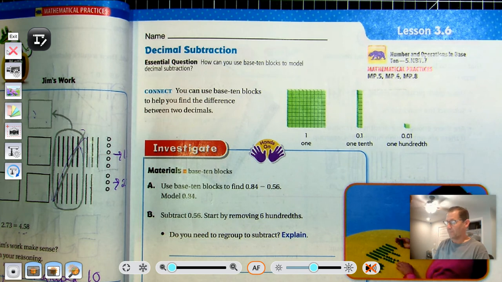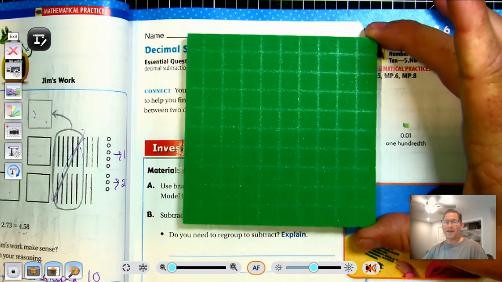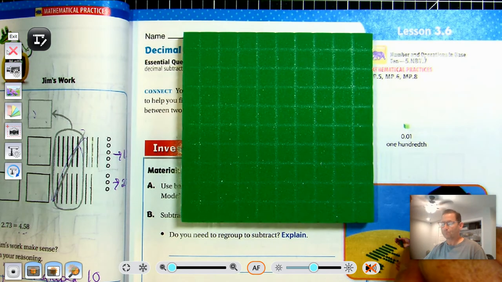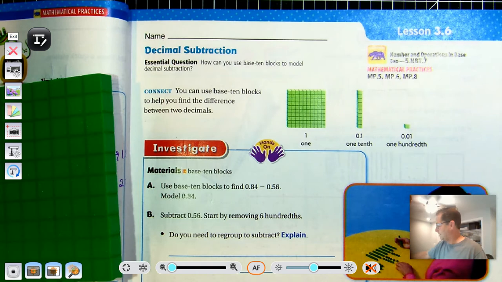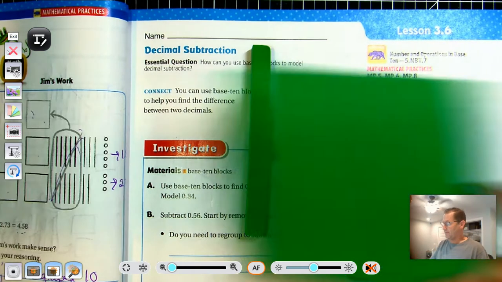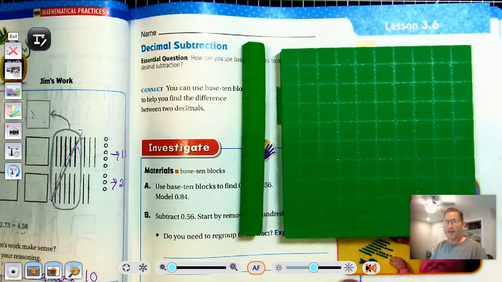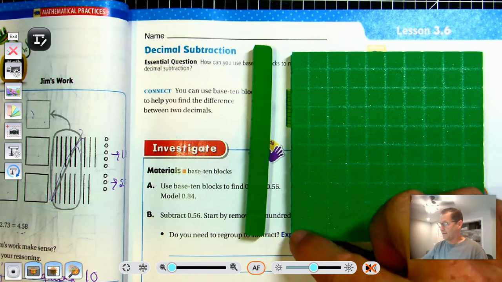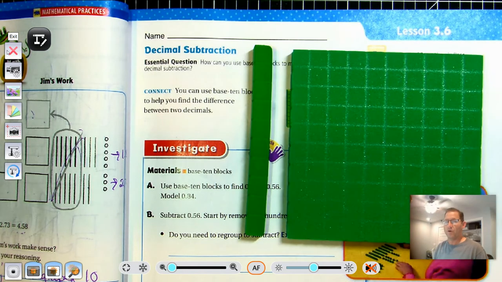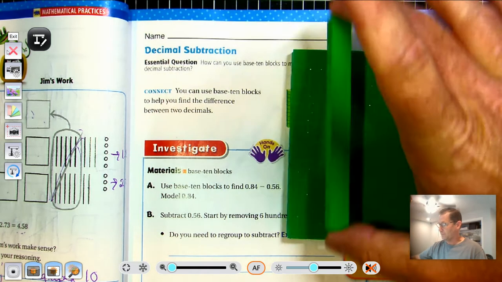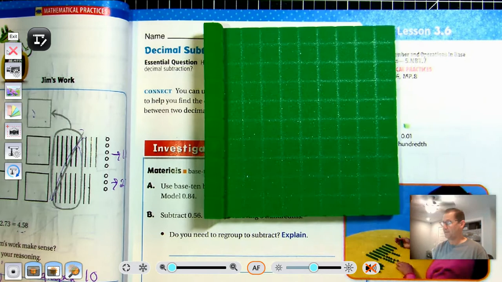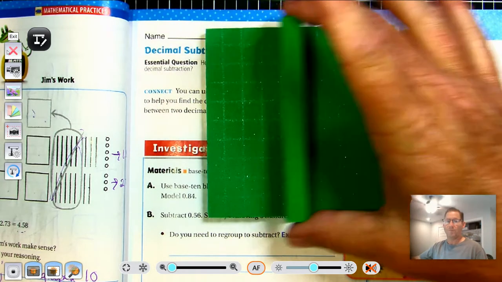So in this lesson, a flat will represent one whole. A 10 rod will represent 1/10, because you'll notice in the flats that each column is 1/10 of the whole. In other words, it would take 10 rods to make up one flat, right?